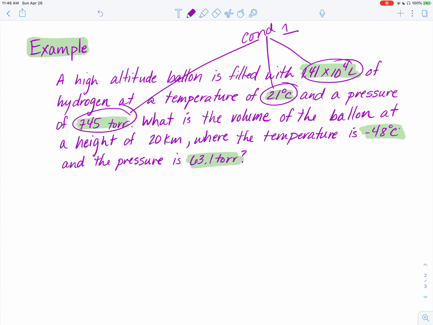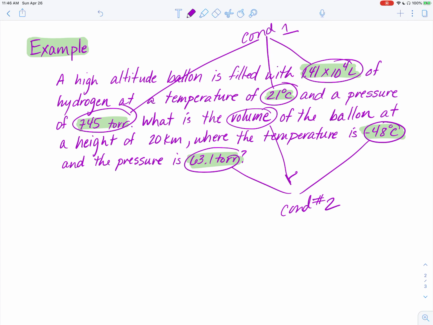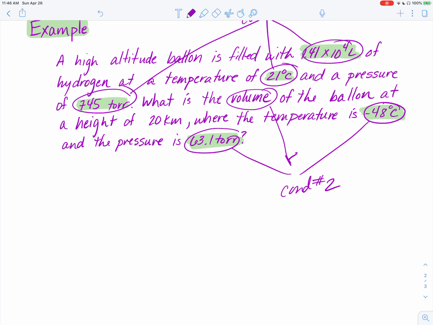What we have been given here is the temperature and the pressure of condition 2, and it's asking what the volume happens to be. So that's what we're going to add to that condition. I'm going to set down my combined gas law variables of pressure, temperature, volume, and moles in condition 1, and then figure out what they are in condition 2, teasing those out of the problem.